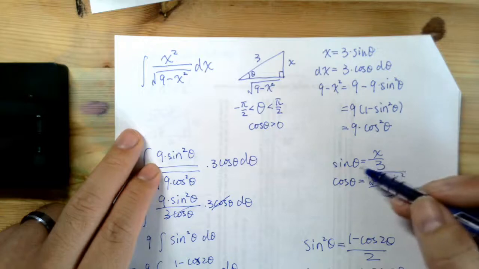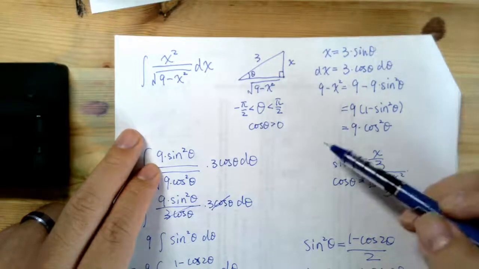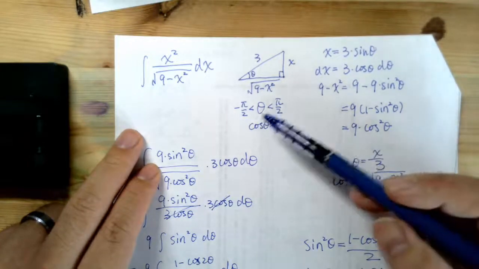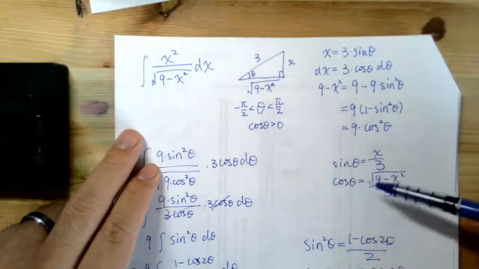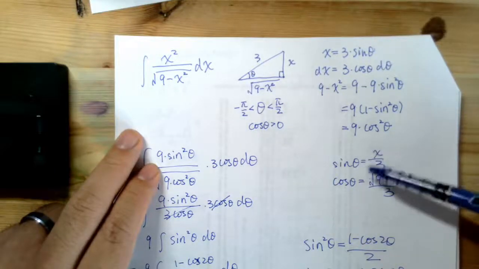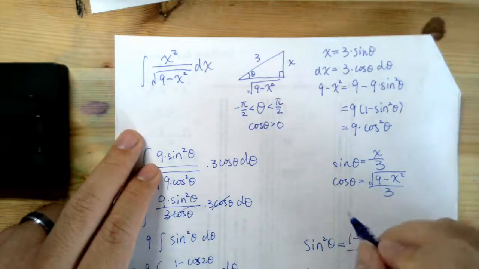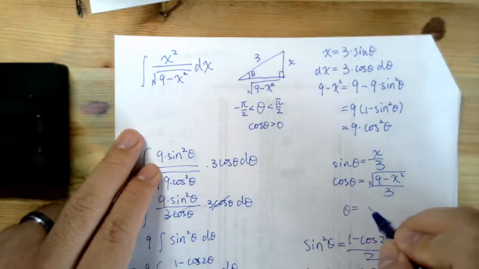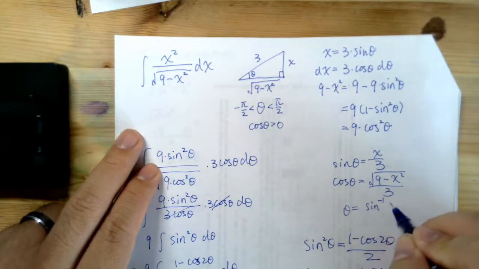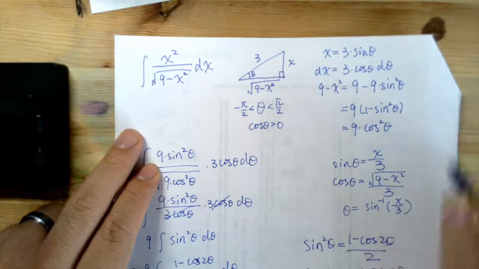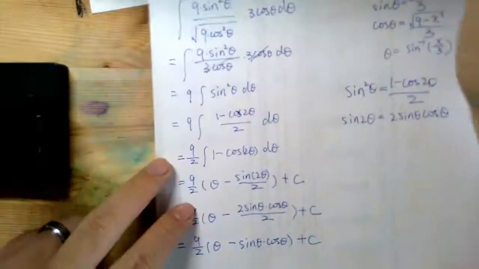Okay, from here, sine theta equals x over 3, and my theta belongs to this interval, so that guarantees I have an inverse for this. So theta can be written as sine inverse of x over 3. So now I have everything, so I can just substitute everything back.